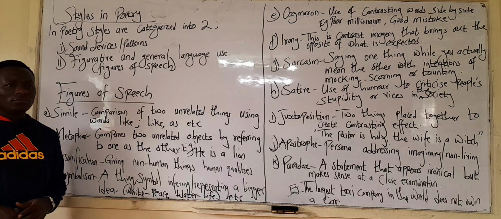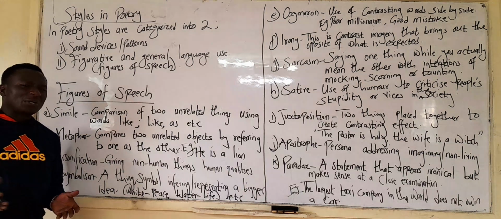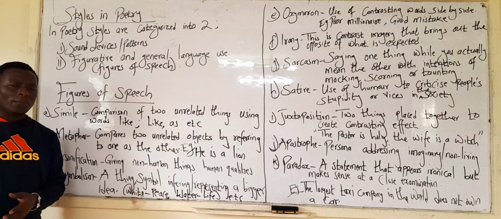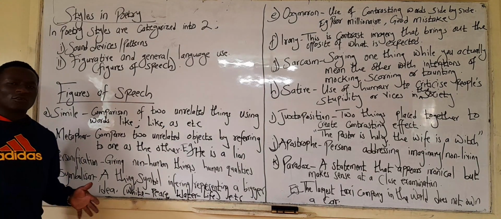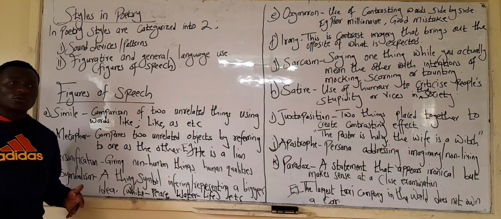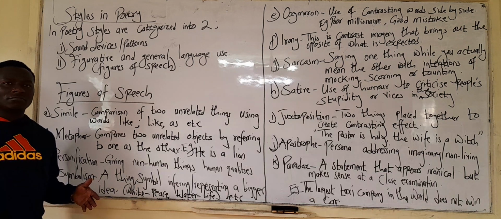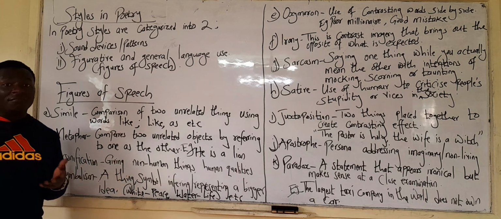Now, in a previous lesson, we talked about how rhythm is achieved in poetry, and we saw consonants, assonance, alliteration, repetition, ideophones, rhyme and so on.